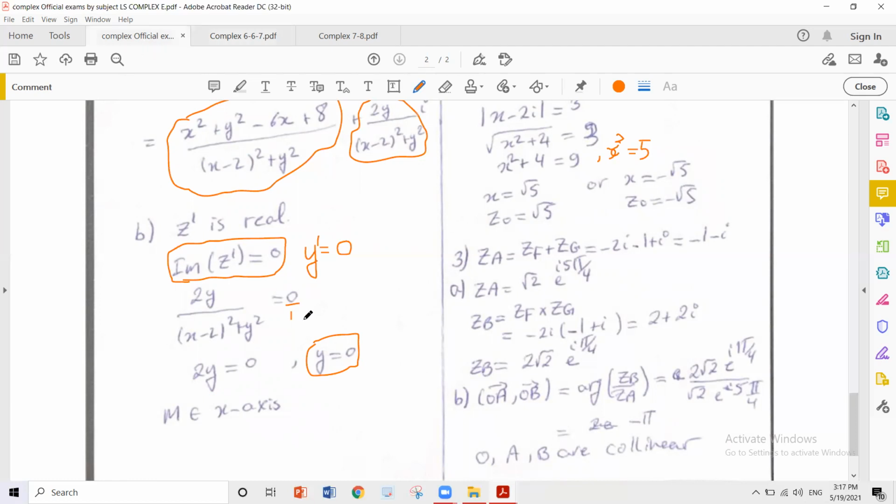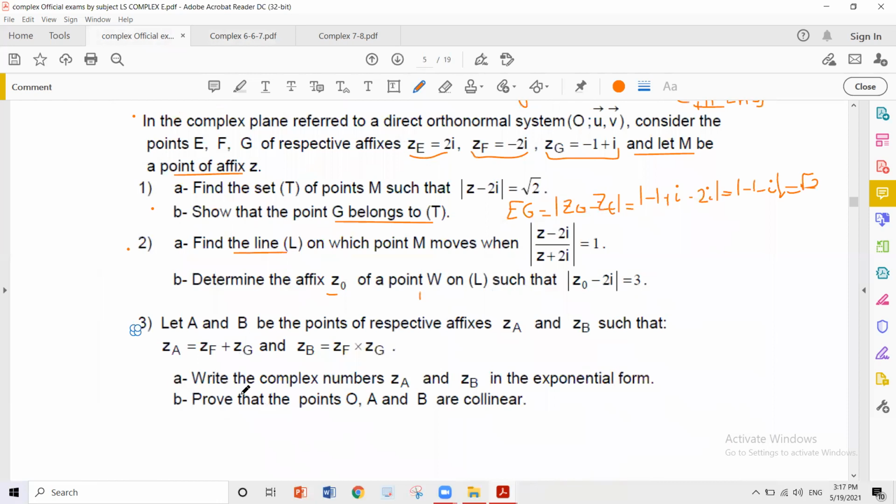The last part: to prove that O, A and B are collinear, we find the angle (OA, OB).